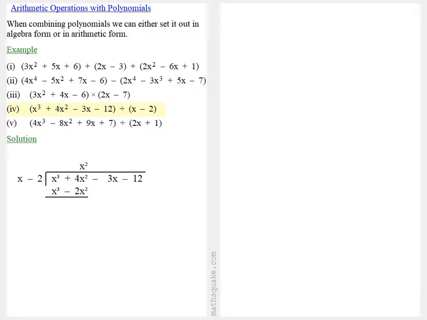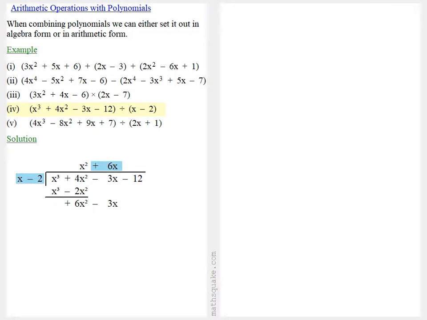X cubed minus x cubed leaves nothing. Plus 4x squared take away minus 2x squared leaves 6x squared, and we bring down the next term, minus 3x. Now that's exactly like we do in long division. We now repeat the process. We say x into 6x squared, and that goes plus 6x.